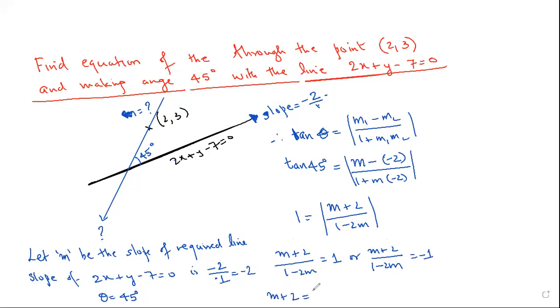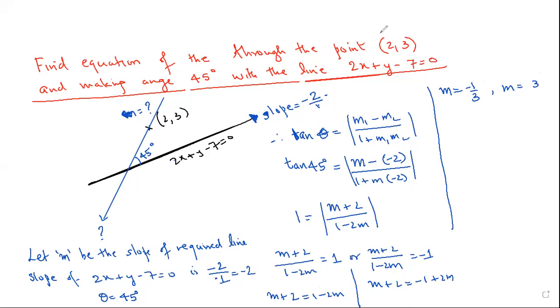So m plus 2 is 1 minus 2m, or m plus 2 is minus 1 plus 2m. One possibility is 3m is minus 1, so m is minus 1 by 3. Another possibility is m is 3.